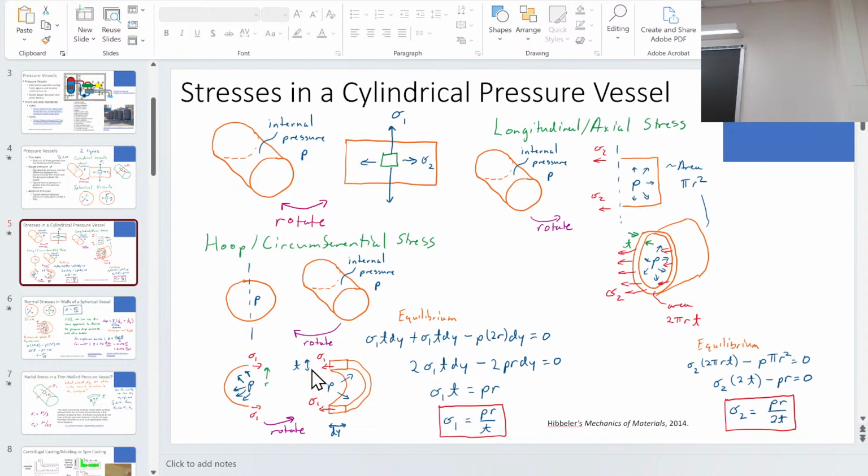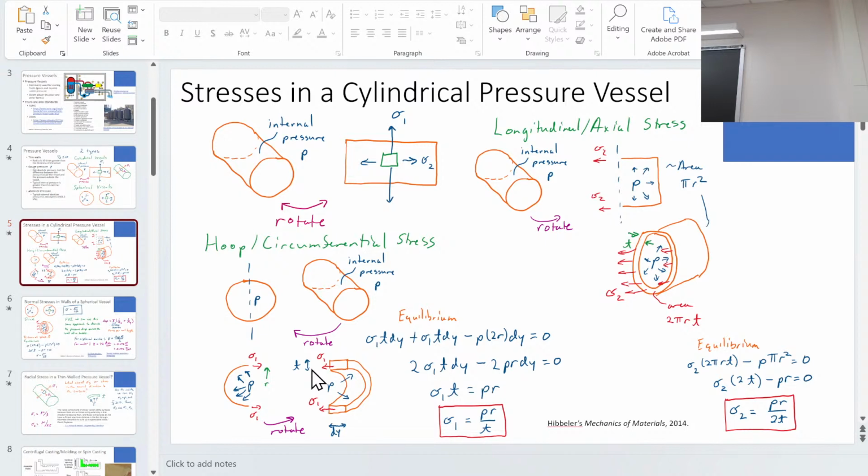Okay, so it says the gauge pressure inside the cylinder is P, right? It's 17 atm. But the gauge pressure, that's the one that we're considering in the stress equation, right? So this P is the gauge, right? Did you pull up that website? The gauge pressure is the pressure between the inside and the outside, all the way outside.